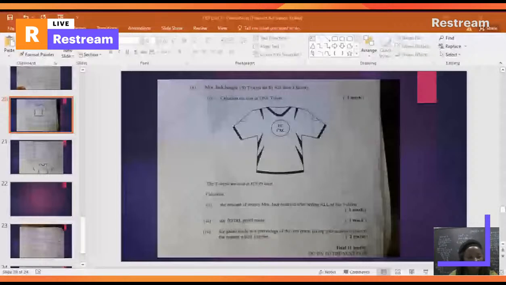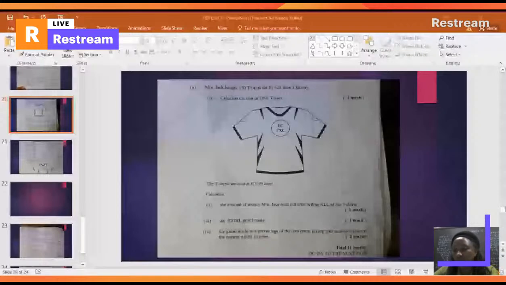$12.80. The other part of the question says she's selling them now for $19.99, and they want the amount Mrs. Jack received after selling all of the t-shirts. So she's selling each one for $19.99.